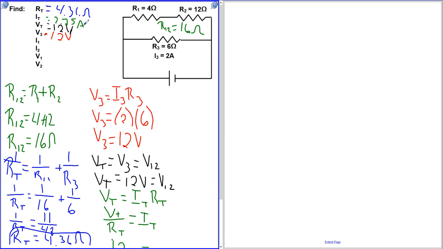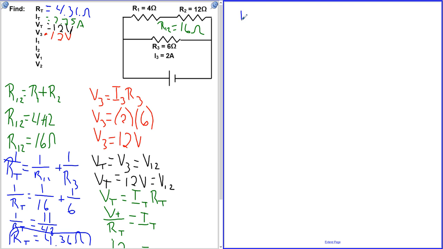So now that I found my total current, I can use that with my parallel rules to look at resistor 3 with resistor 1 and 2 together as R12. According to my parallel rules, my total current equals the current in resistor 1, 2 plus the current in resistor 3.